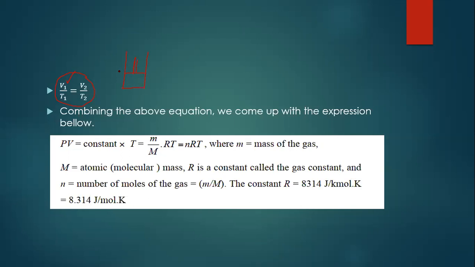So if we know the volume 1 and the temperature at that point, temperature 1, and we increase the temperature to a temperature 2, and we discover that the volume has gone to level 2, we can compute it by knowing that the condition on volume 1 and temperature 1 should be equal to the condition on volume 2 and temperature 2.